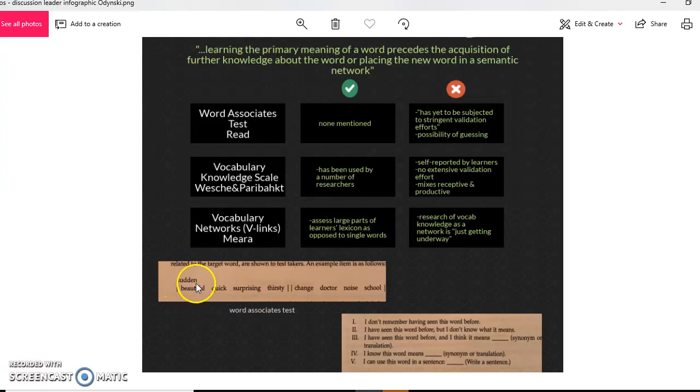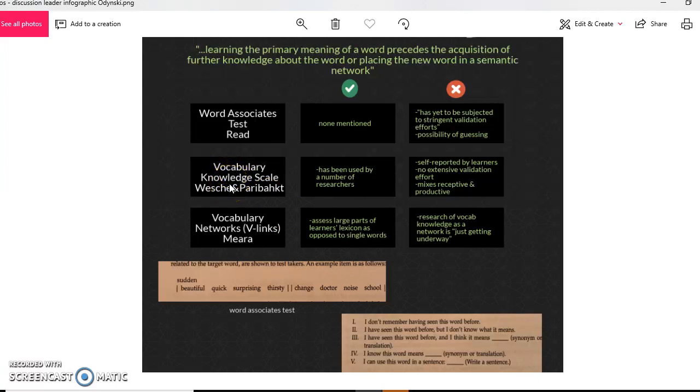So in the example, they give sudden, and the 2 on the left, which are paradigmatic, are kind of like synonyms, so quick and surprising. And then the 2 on the right that are syntagmatic, they can go with sudden to make meaning, so sudden change and sudden noise. So that's the word associates test.